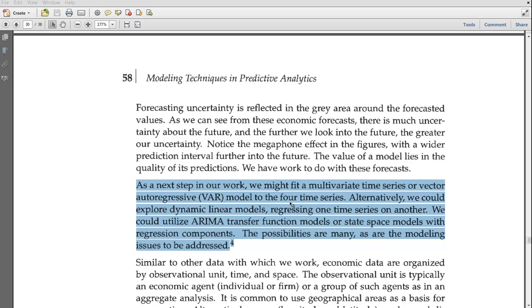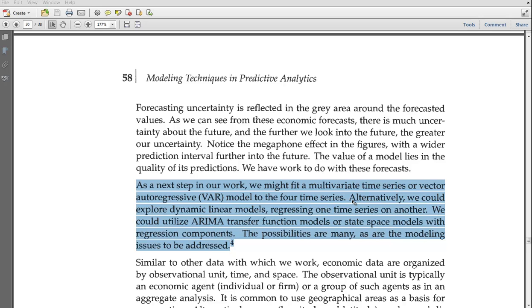In other words, we might try and put them all together and make a prediction having 4 inputs instead of just 1 input. So we'd have as inputs into the model all 4 series. We just have 4 values as inputs, 4 variables as inputs.